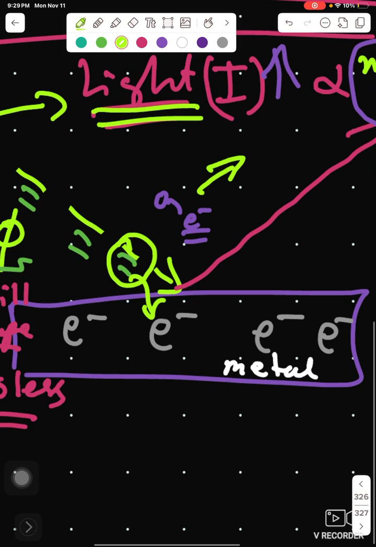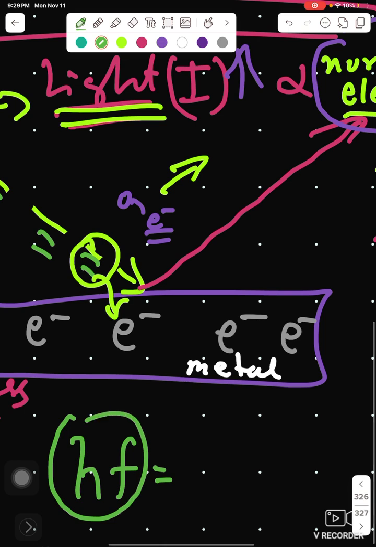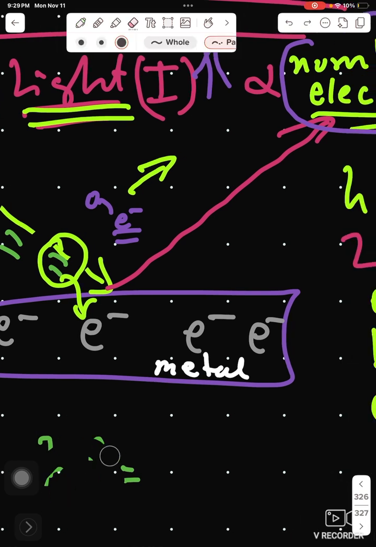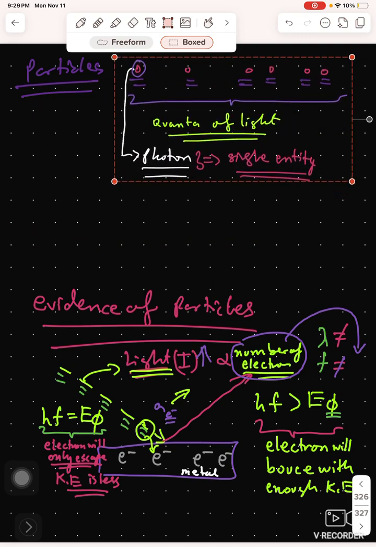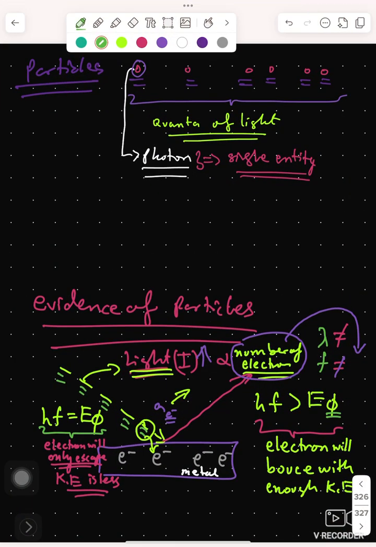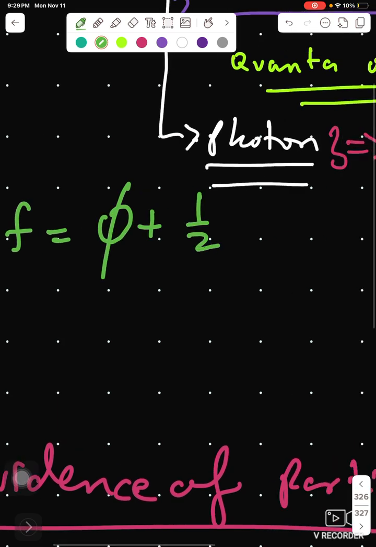So in terms of equation, it is written as the energy of the photon, which we write as hf, equals the work function plus 1/2 mv squared max.